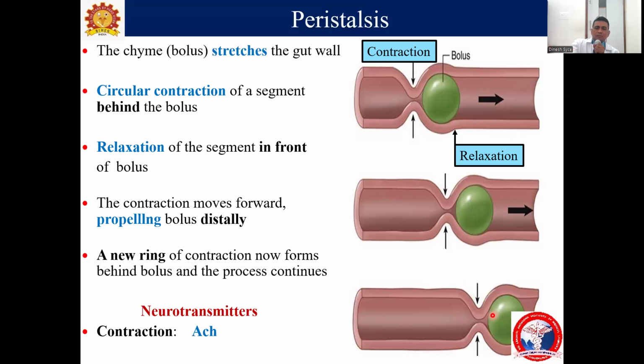And the segment in front relaxes. We've just dealt with that. So which is the neurotransmitter responsible for that? Can you think of any relaxing neurotransmitter beginning with the letter N? Nitric oxide, right? Most importantly, nitric oxide and VIP. So this is peristalsis, the propulsive movement of food down the small intestine. There's a contraction of one segment, relaxation of the other segment. These are the neurotransmitters involved.